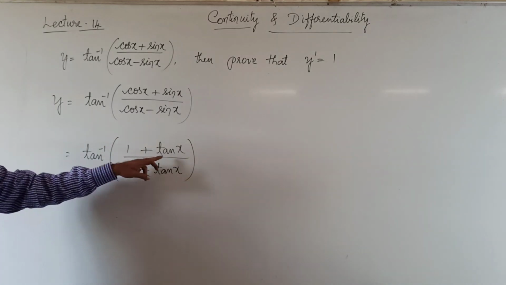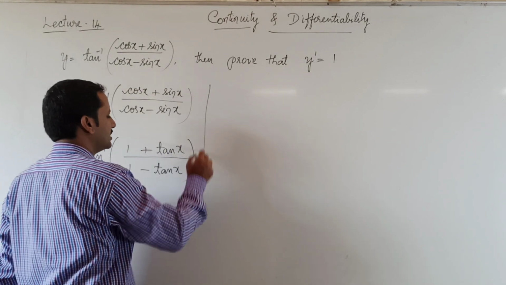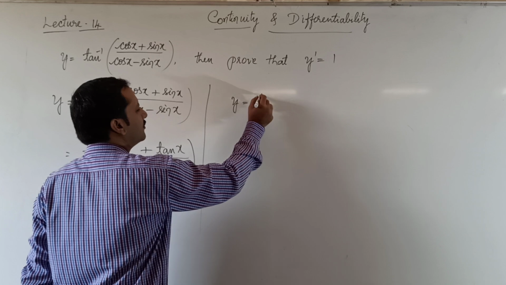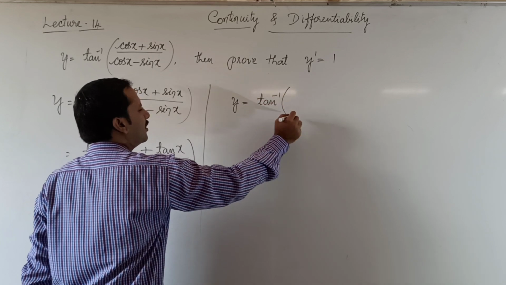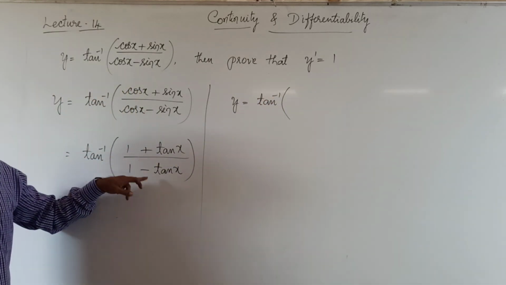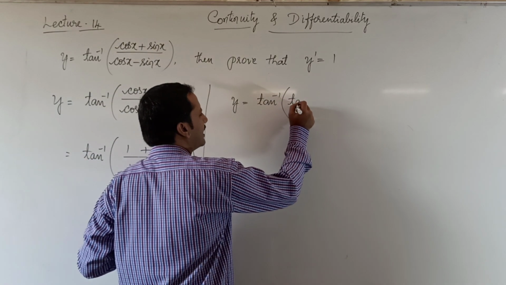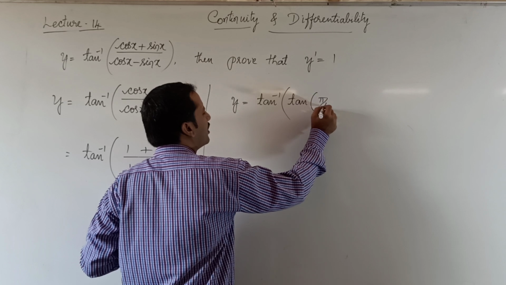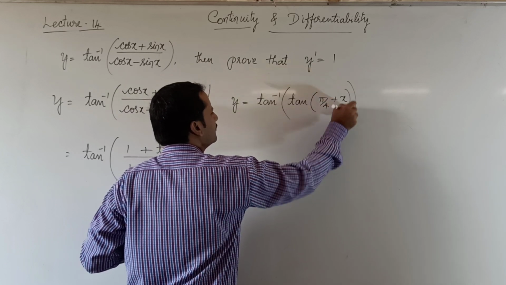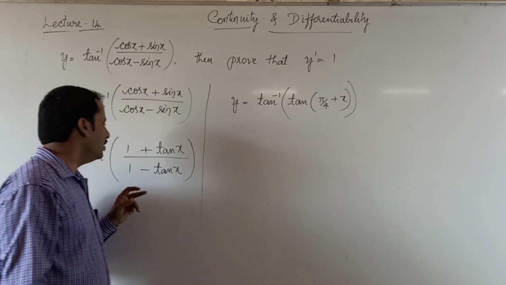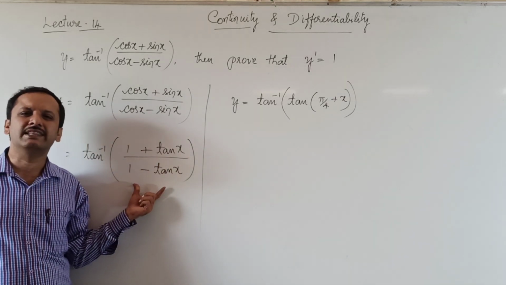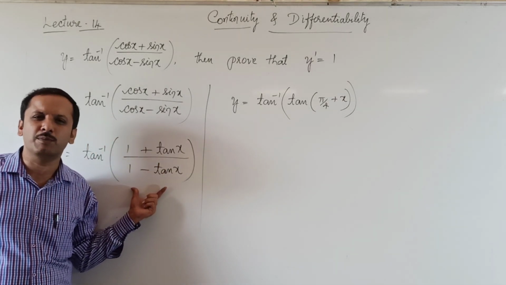So we get 1 plus tan x by 1 minus tan x, which will give you tan pi by 4 plus x. It's a well known formula: 1 plus tan theta by 1 minus tan theta is equal to tan pi by 4 plus theta.